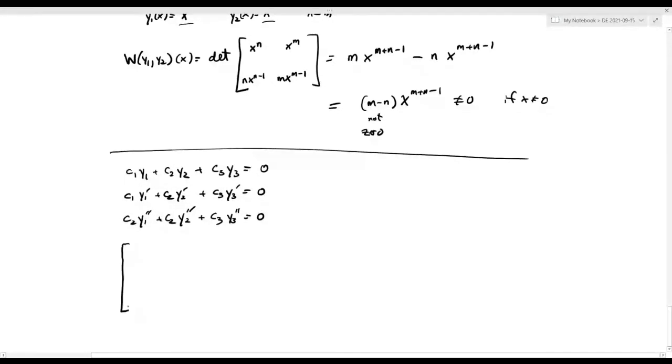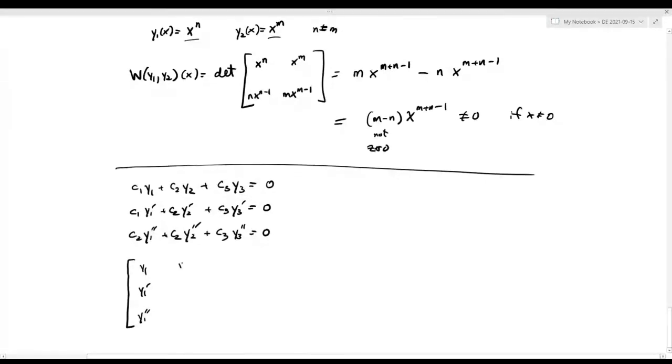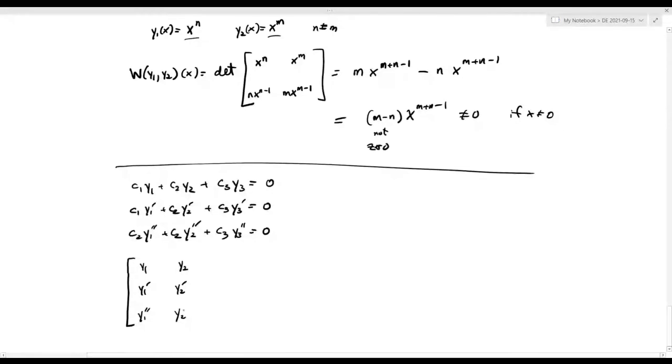So this is rewritten as a matrix equation, where the matrix consists of the 3 functions and their derivatives up to the second derivative.